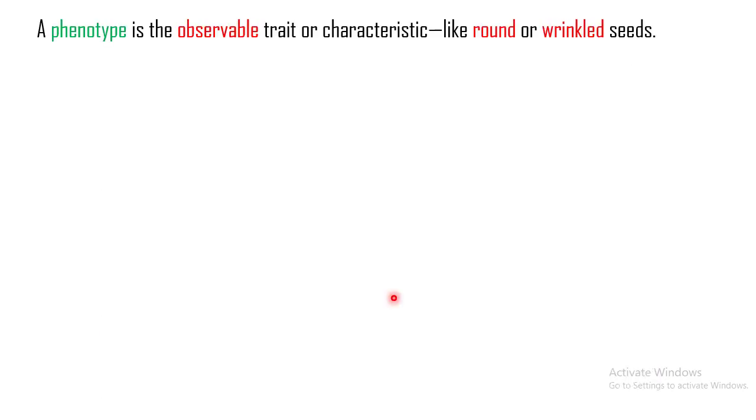The phenotype is the observable trait or characteristic. What that means is that you cannot see the genotype, but you can see the phenotype. For example, if you look at the seed, it can be round or it can be wrinkled.